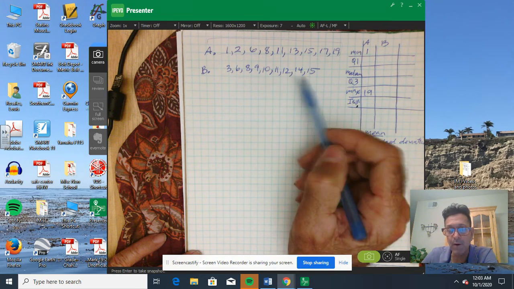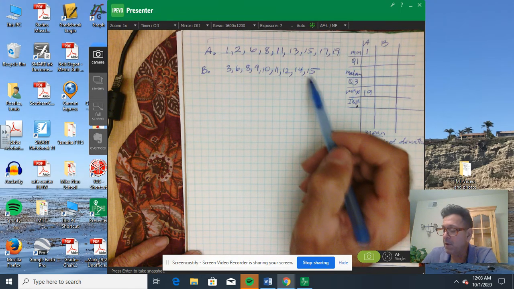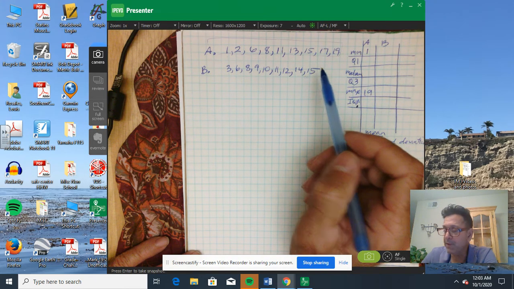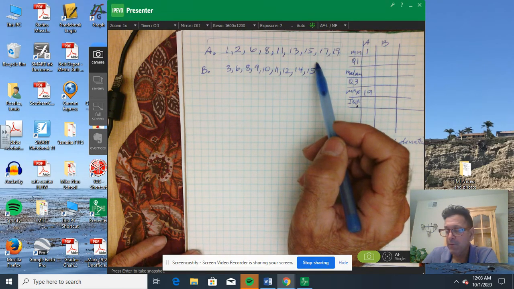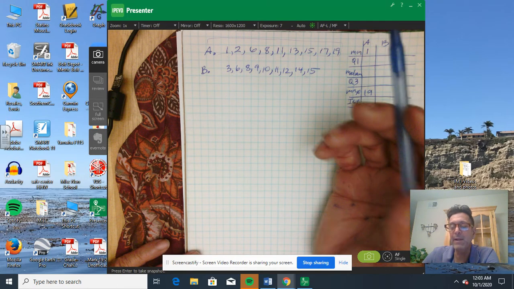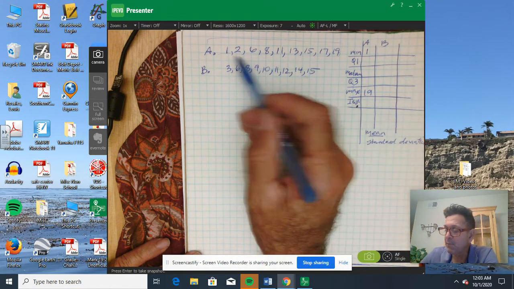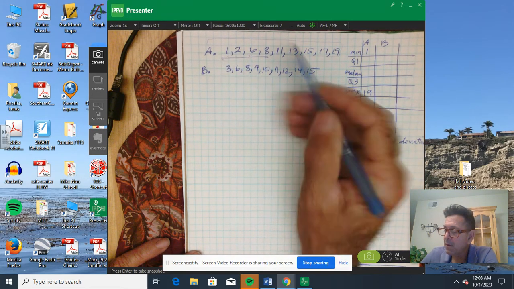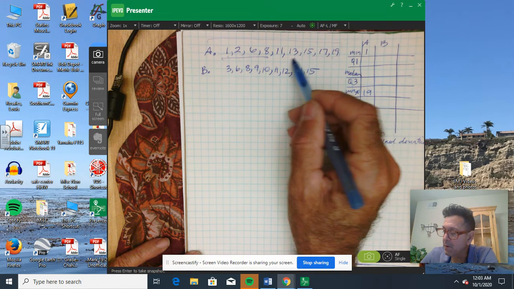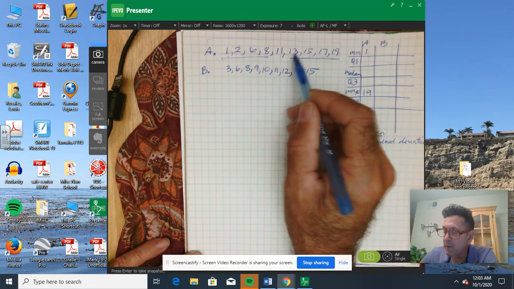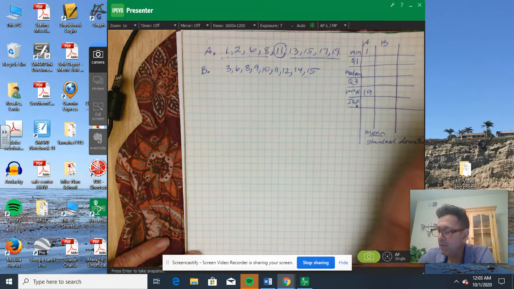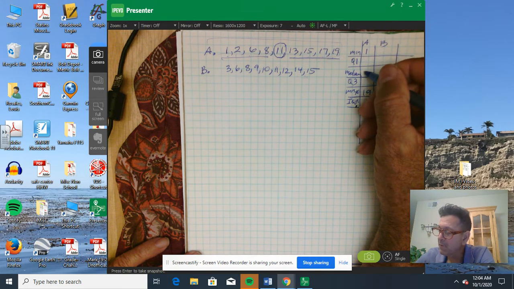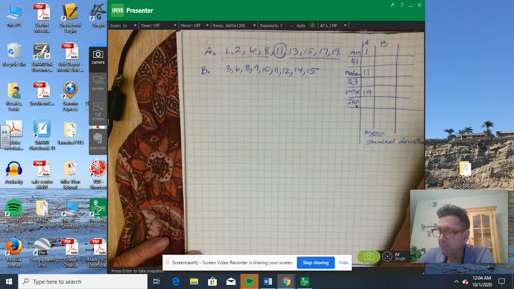There's also 9 in the bottom set as well. 9 doesn't divide equally into 2 groups, so we're going to have 4 and 4, with one in the middle. That middle value is our median. So our median in that case is 11.